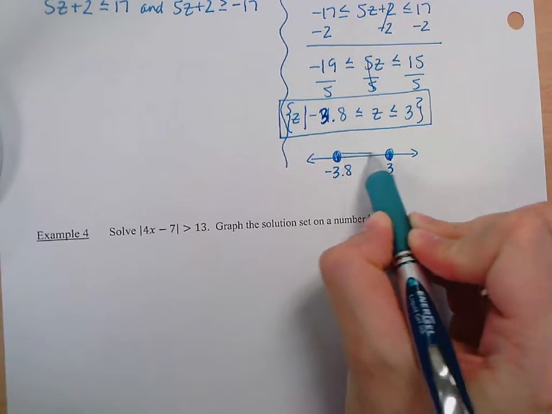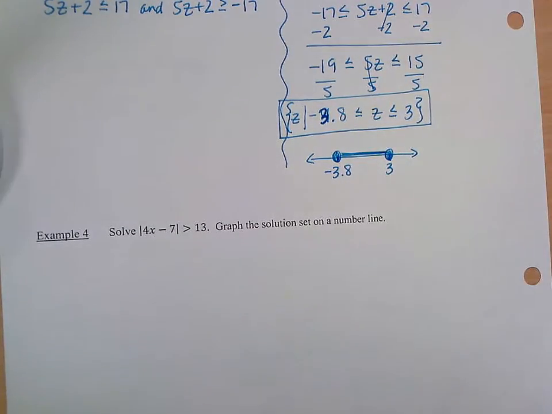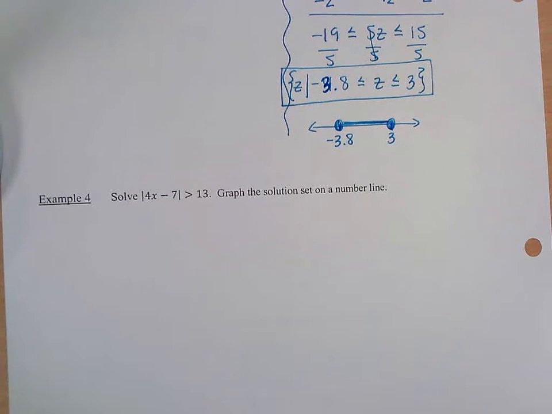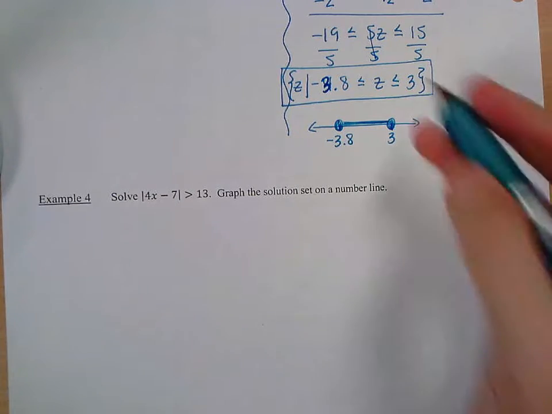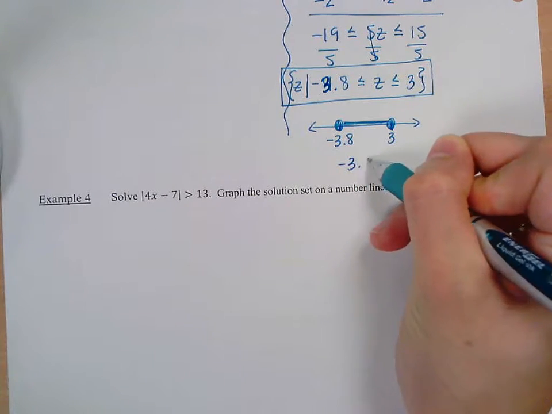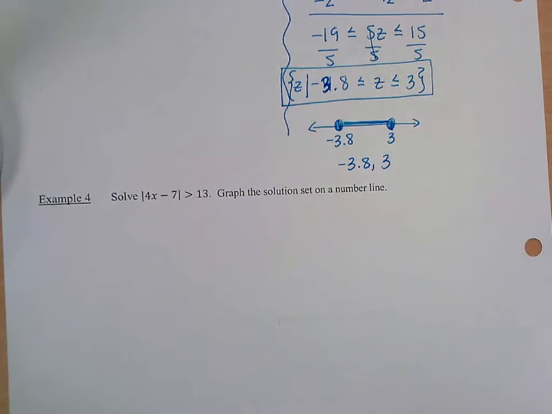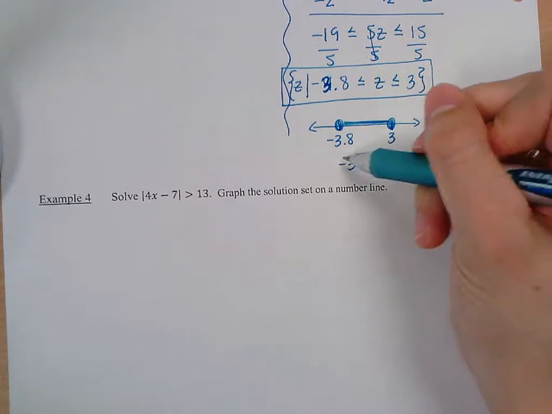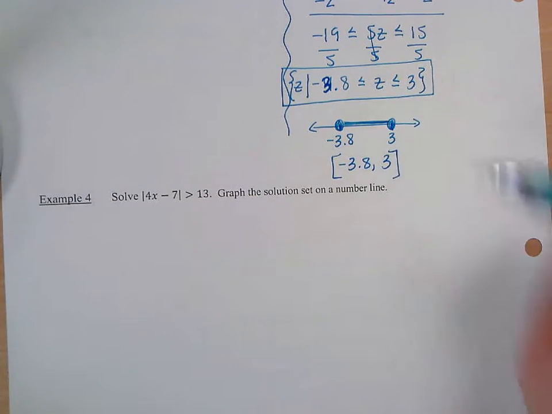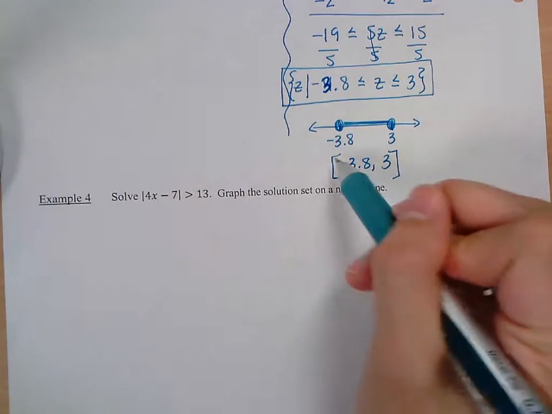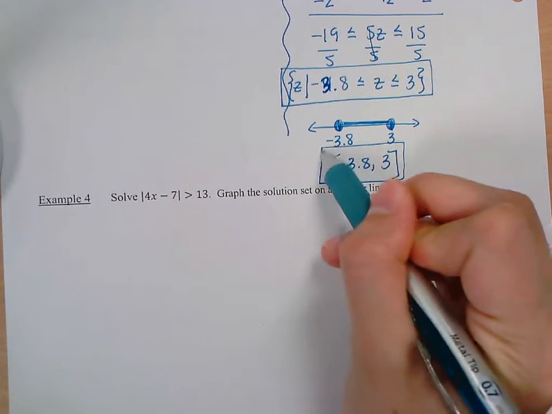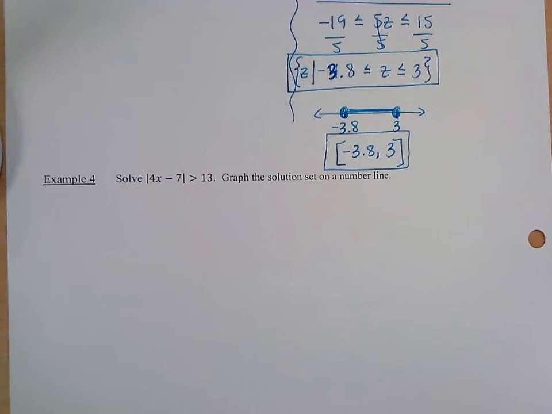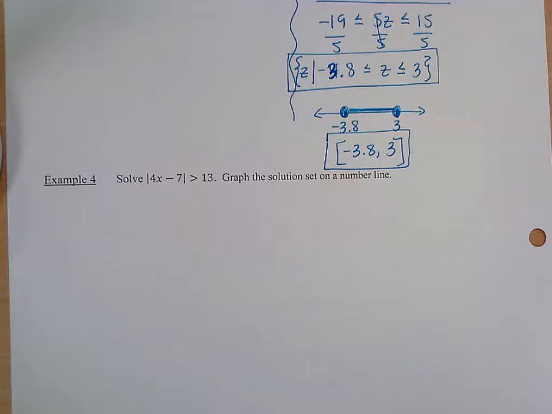So I can shade in between the two values. And that means for my interval notation, since I have the two endpoints, I'm just going from negative 3.8 up to positive 3. Both are included, so they both have brackets. Okay, questions on that one?